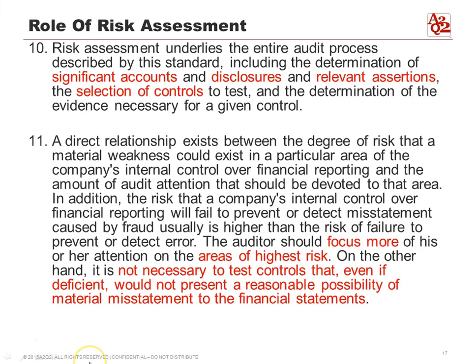And so in paragraph 11, you start to see where it basically says the auditor focuses on the areas of highest risk. And it further says that even if an area is likely to have a deficiency or to have mistakes, it's not necessary to test those controls if there's no reasonable possibility that it will materially misstate the financial statements.